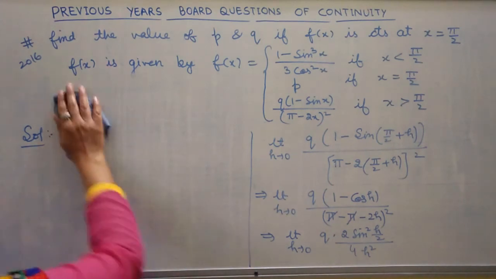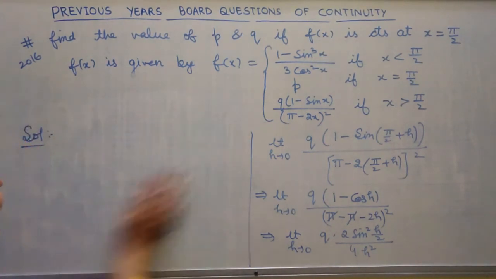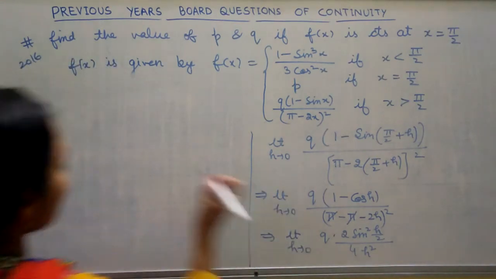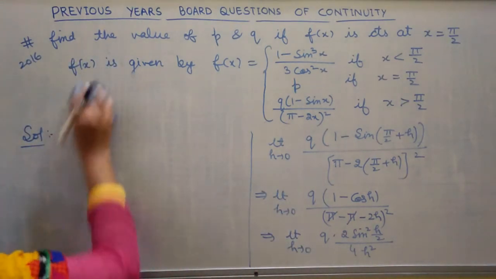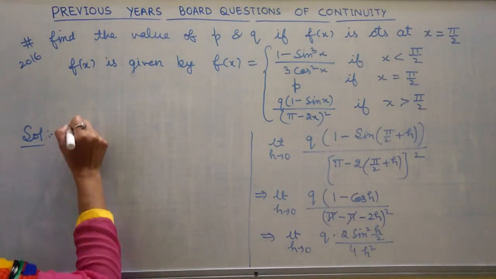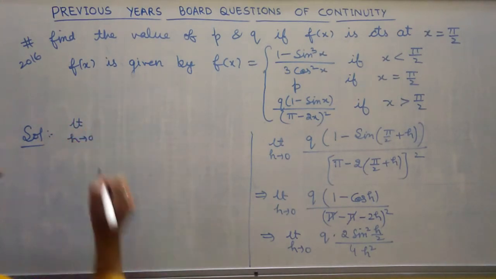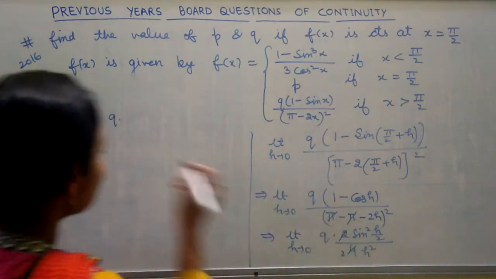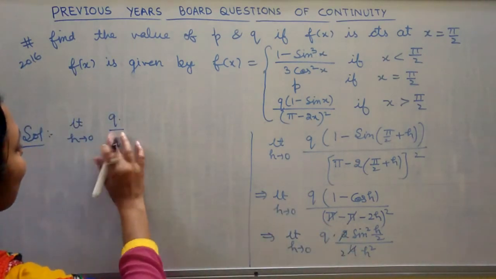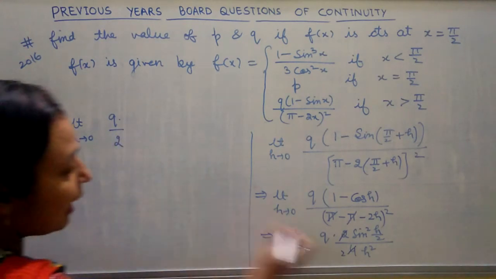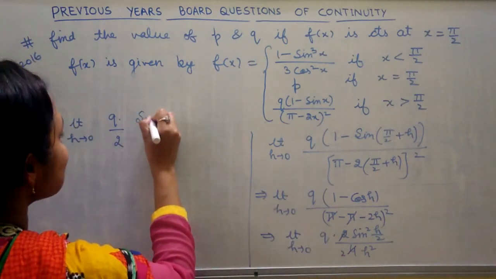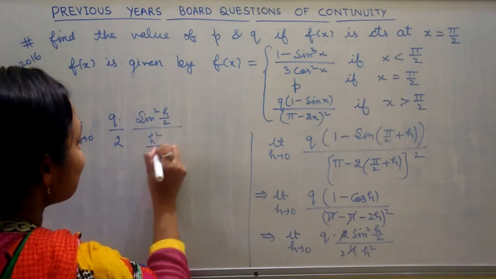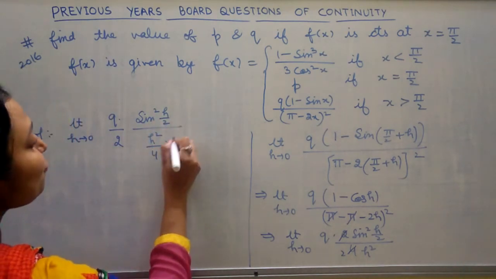What is the next step? That is very simple. You have to take the value as h by 2. How? Limit h approaches to 0, q, 2 2s are 4, that is q by 2. Inside the bracket we have sine square h by 2, and we want h square divided by 4 into 4.